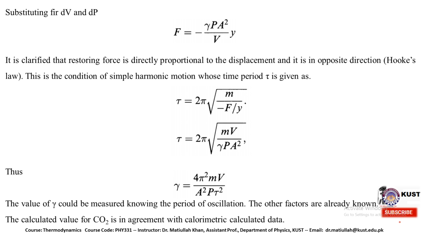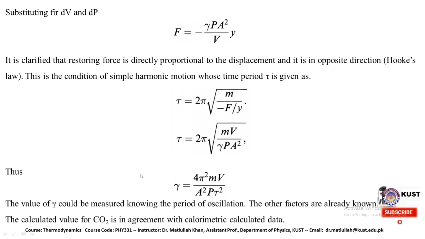So this oscillation is considered to be a simple harmonic oscillation, and the force is actually the magnitude of that particular force which tries to bring the body back to its equilibrium position. If we apply the same values here for this particular case, tau will be equal to 2 pi square root of mV divided by gamma P A squared.